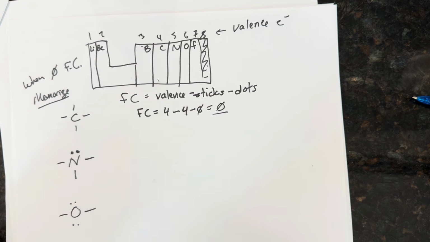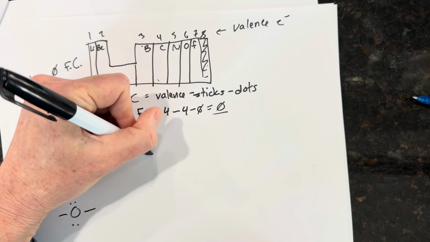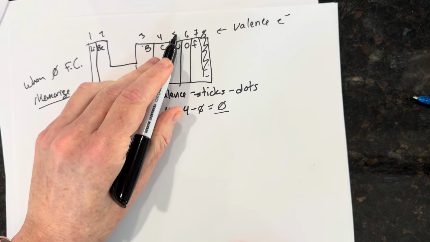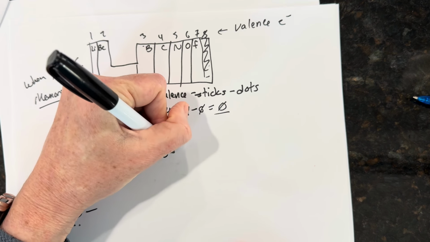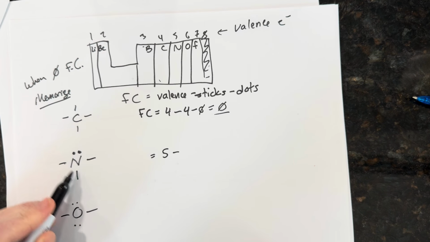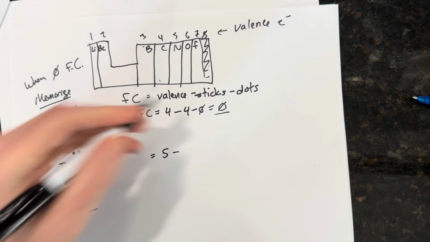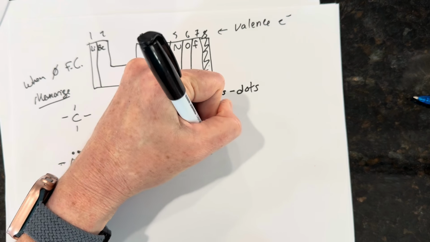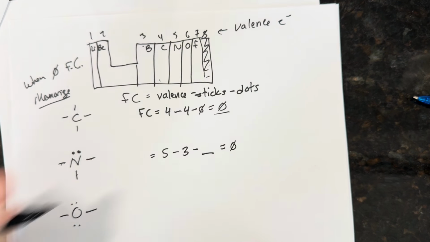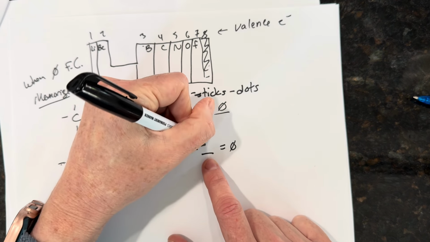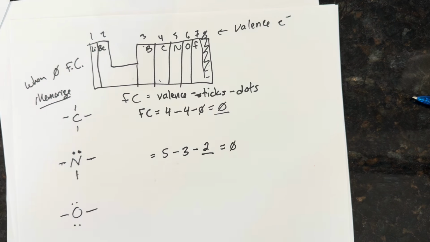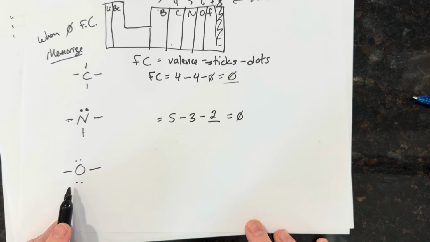Let's look at nitrogen. Nitrogen's formal charge equals the number of valence electrons nitrogen has, which is 5, minus the 3 sticks touching it, 1, 2, 3, minus how many dots does it need to get to 0? Hopefully you agree it needs 2 dots, and that's why it has 2 dots. Then we look at oxygen down here.